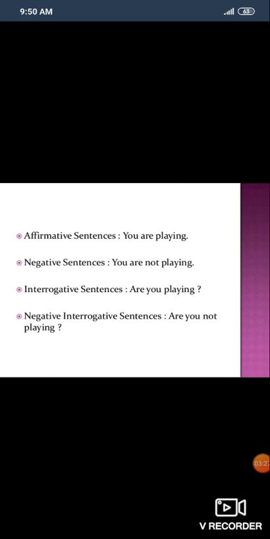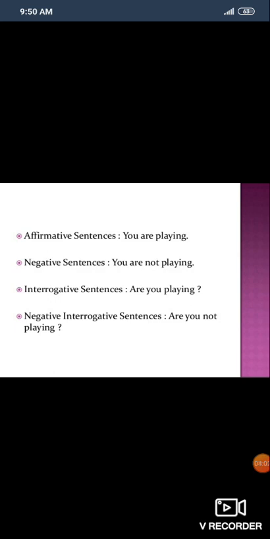For the interrogative we use the helping verb first, then subject, then verb ing form, and then object, like: are you playing? And negative interrogative is helping verb, subject, not, and then verb first form ing and object, that is: are you not playing? So this is the changing form of all types of sentences in the present continuous tense.